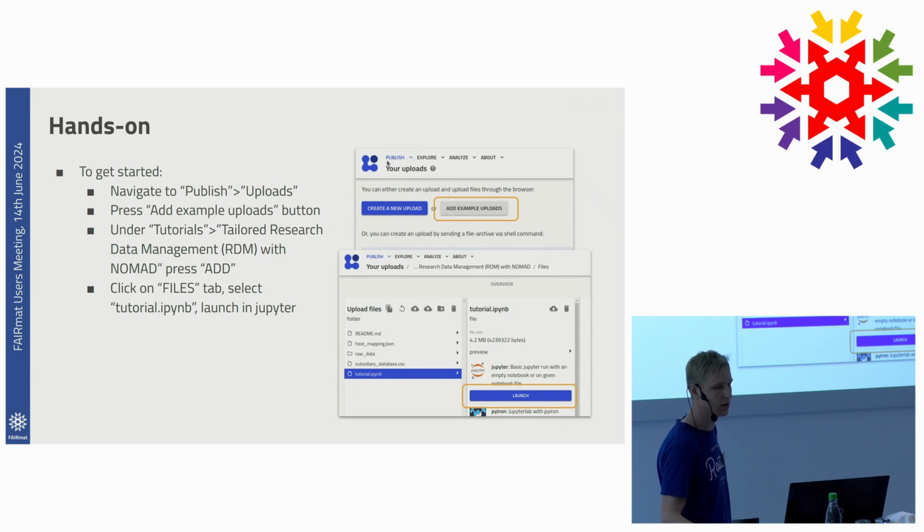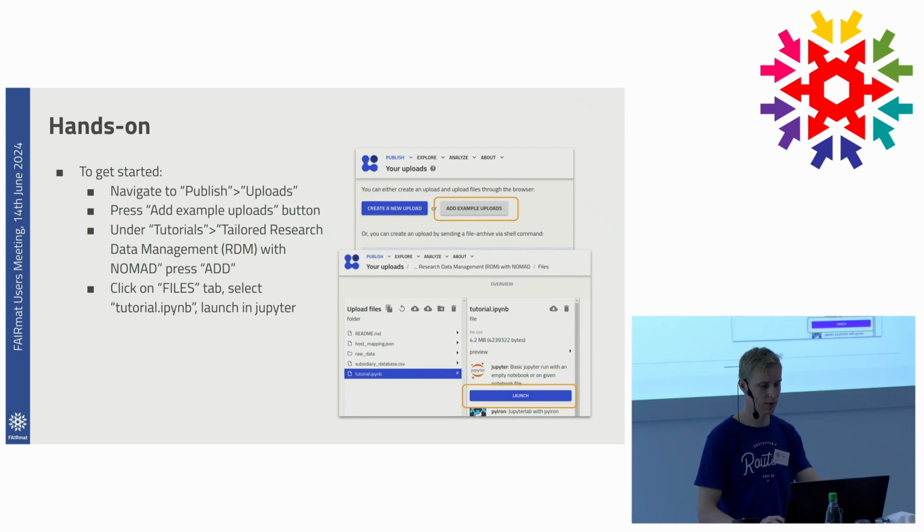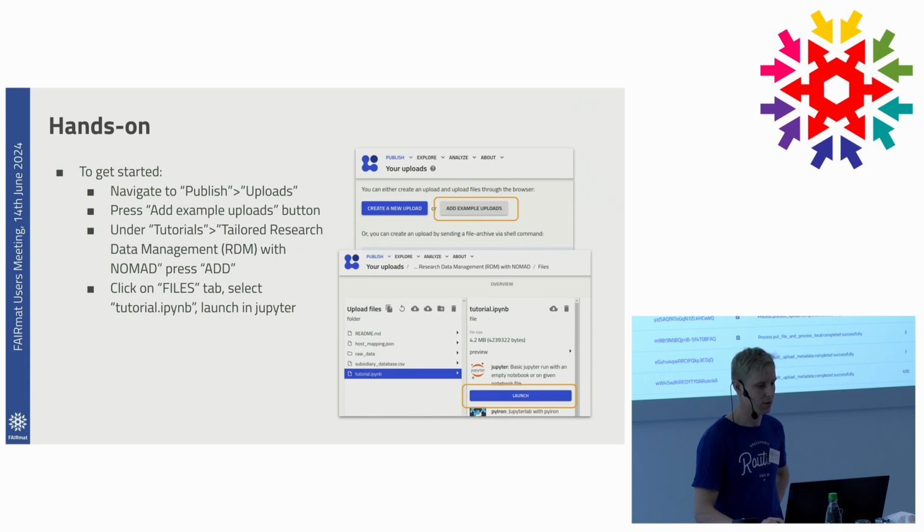And there you will see a list of things I will show you shortly. We have prepared an upload that contains this Jupyter file that we're going to work on, and we're going to launch it. But just to really show you what it looks like, it's something like this. So yeah, publish, uploads, add example uploads.